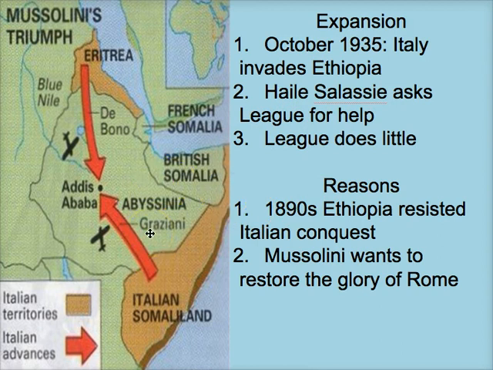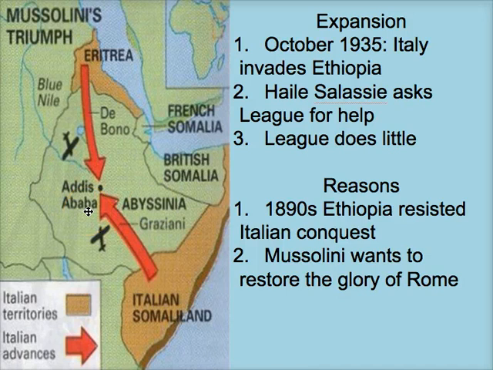The League of Nations is powerless to stop the invasion. They do put a boycott on Italy, but it is a very weak boycott. Haile Selassie makes a very famous statement at the League of Nations: today it is us, tomorrow it will be you. One of the reasons that this territory became important is that it is the last part of Africa that is an independent nation, and in the 1890s, Ethiopia resisted Italian conquest and actually embarrassed the Italian army.